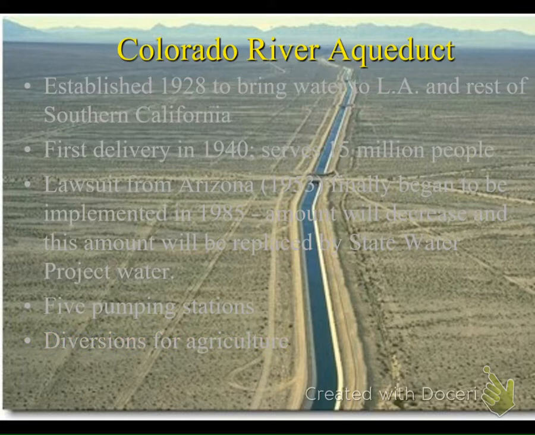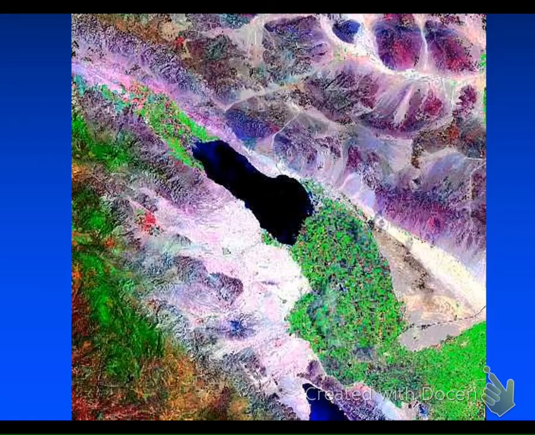But there was a lawsuit in 1953 where Phoenix and Tucson said, hey, we used to get our water from the Colorado River. There's no water left for us. And so they had to stop diverting it all to California and allow some of it to go to Arizona.